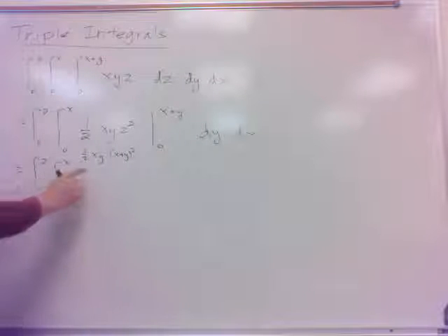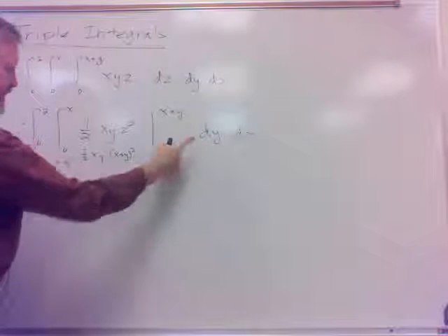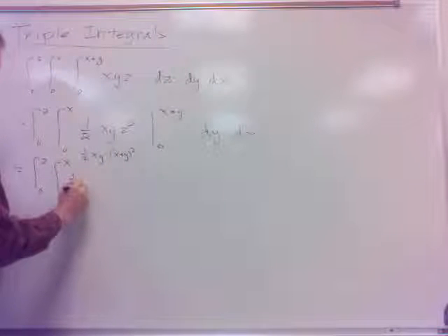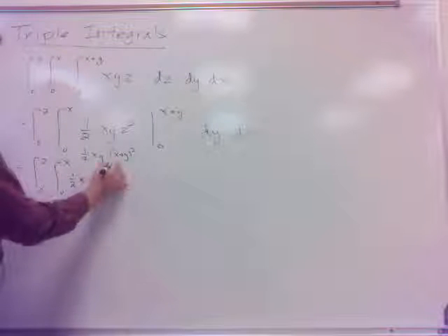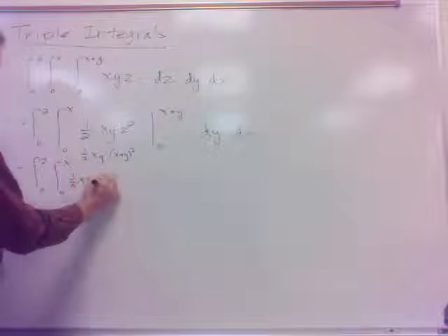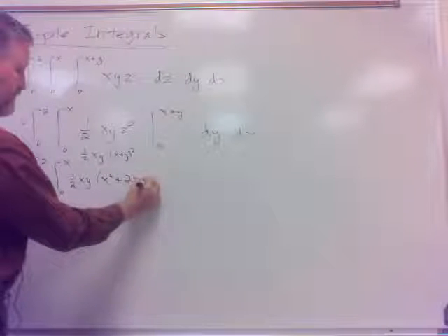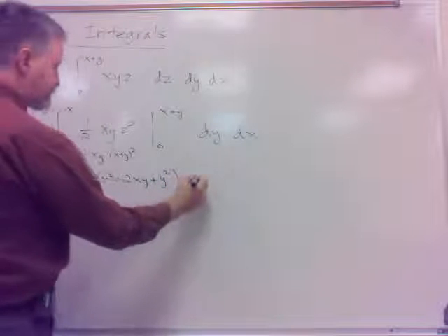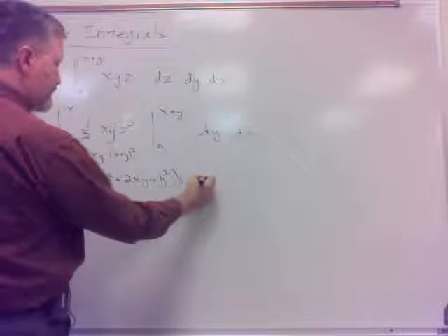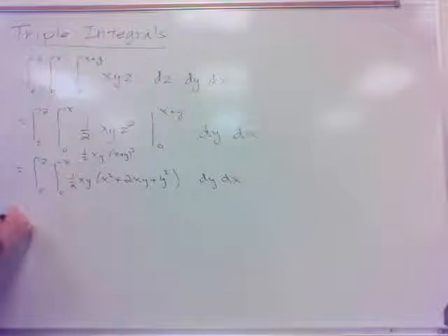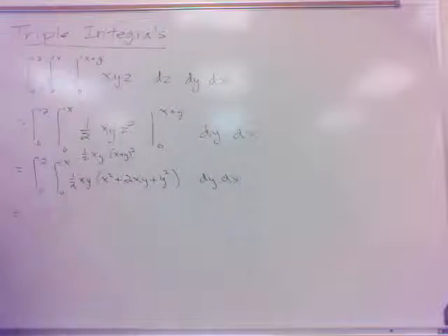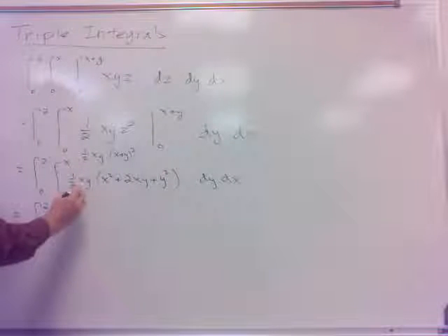So the next one we're doing with respect to y, so we are going to have to multiply that out, aren't we? So it's going to be 1/2 times x squared plus 2xy plus y squared. And we're going to integrate with respect to y, so we still need all that multiplied in.